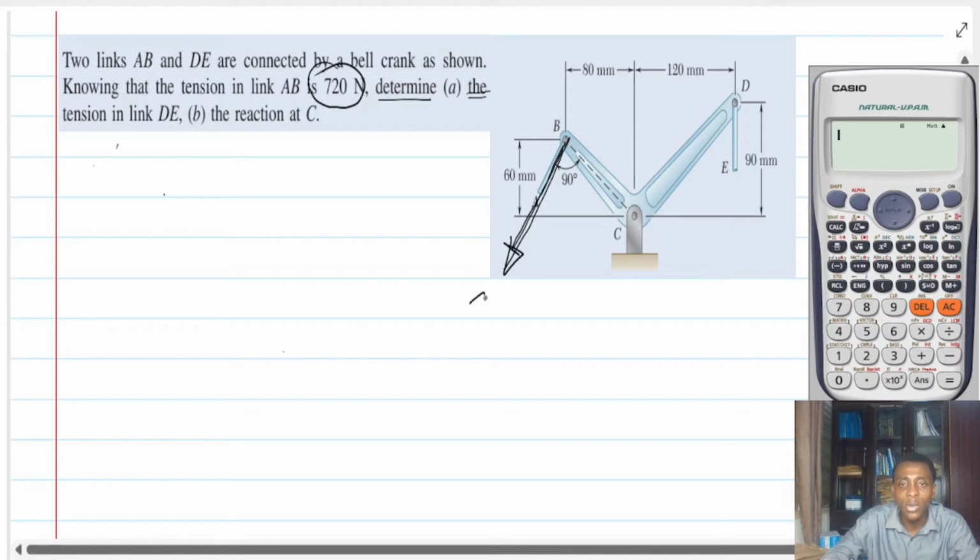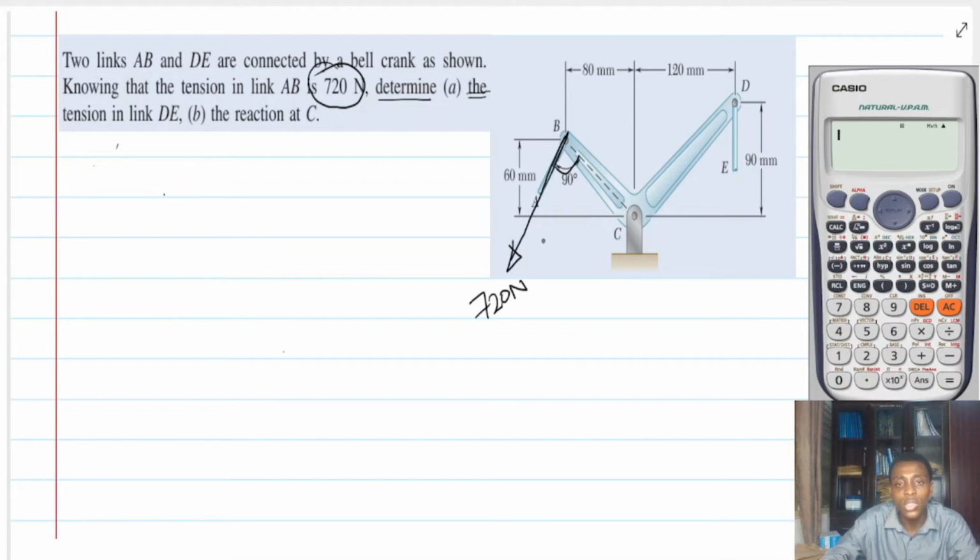So the tension force is 720 newtons, and you can clearly see that this is perpendicular, 90 degrees. But we need to resolve into x and y components. If we don't resolve it, we cannot find the reaction at the supports. So how can I resolve this?